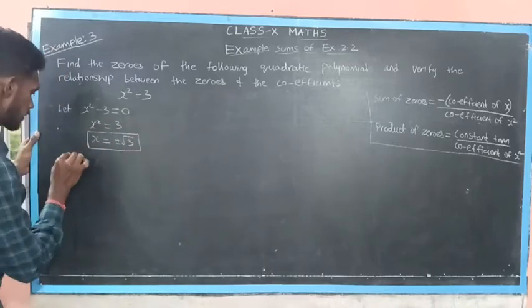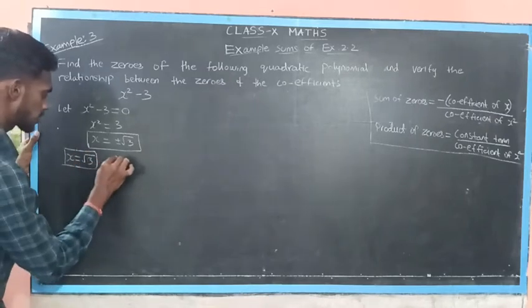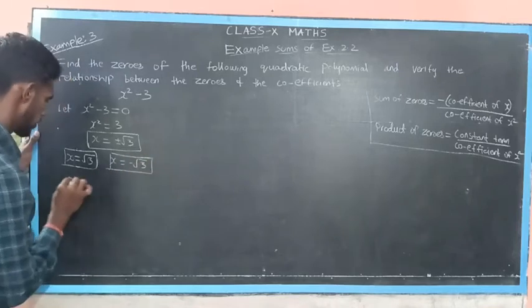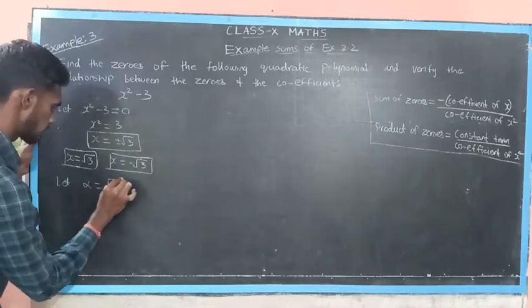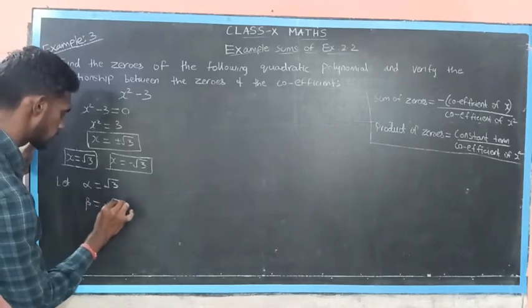So, x is equal to plus root 3 is one zero and x is equal to minus root 3 is another zero. So, let me substitute alpha is equal to root 3 and beta is equal to minus root 3.